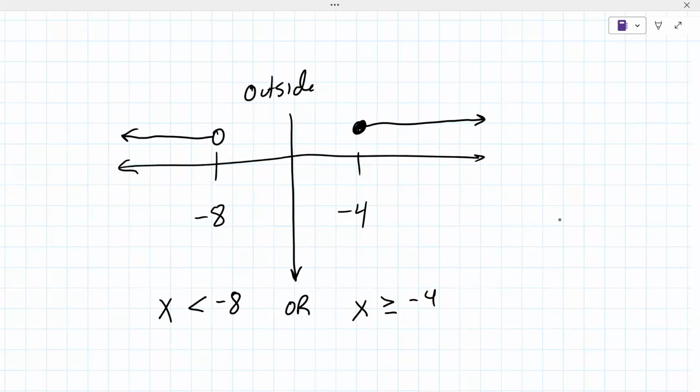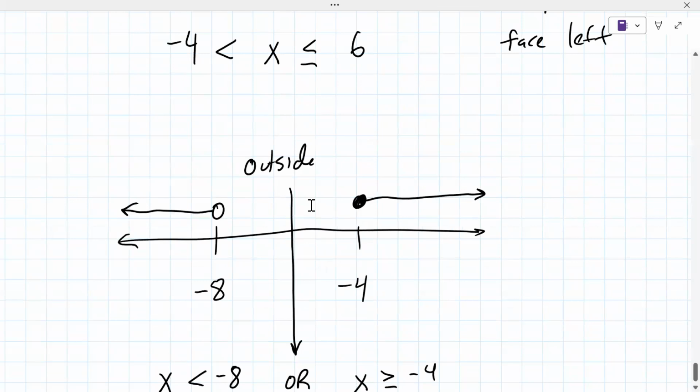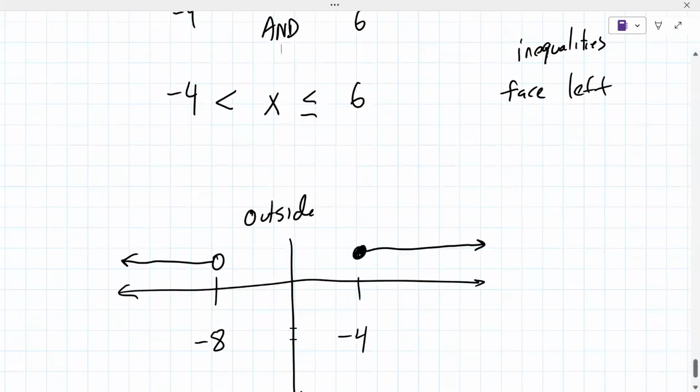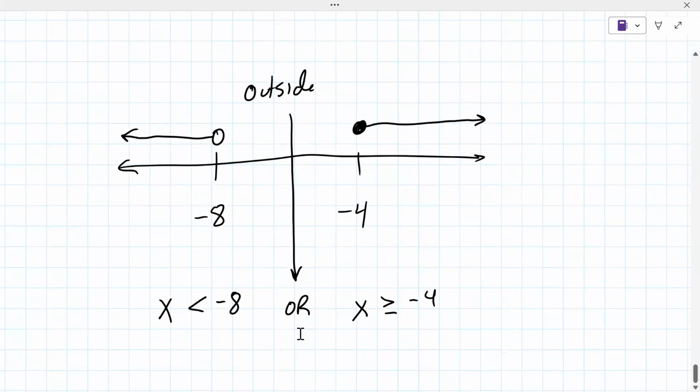So outside is the word or. Sometimes the between case is called the inside. Sorry for all the scrolling. It is associated with the word and, but it's encoded into the inequality here. So you have to know all the possibilities.